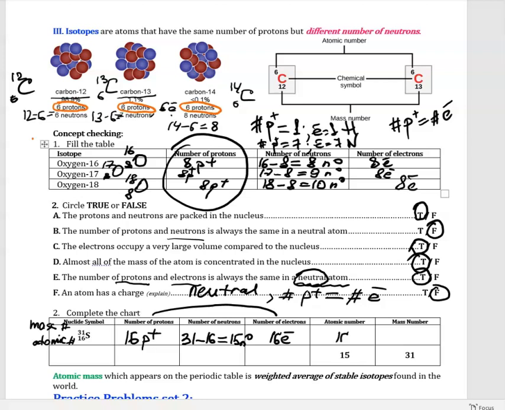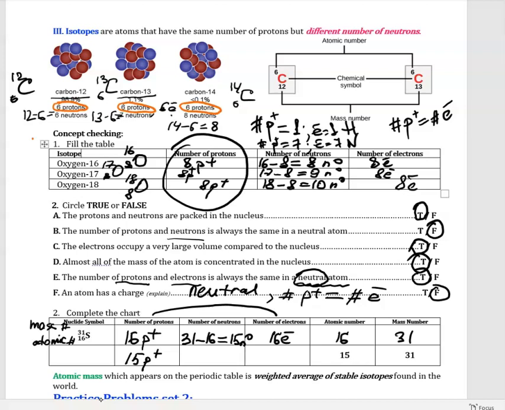Atomic number is 16 and mass number 31. And here we need to go back from right to left. Okay, so we have the mass number, we have the atomic number. The atomic number gives us the number of protons, which is 15, correct? 15.